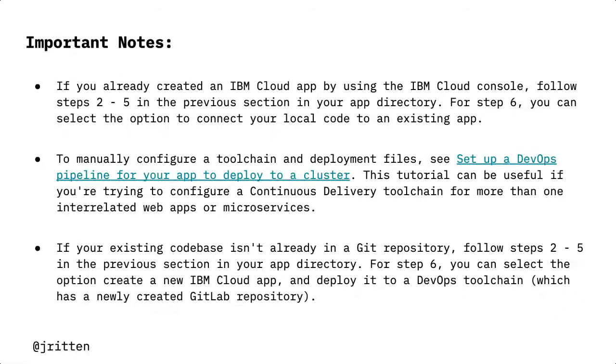It allows you to set up access to the toolchain if you haven't already. When you select option 1 from here, it launches you into the toolchain in your IBM Cloud account. And if you make changes to your application, you'll see this kick off automatically in the delivery pipeline view. So you can also view these changes in your application in your browser.